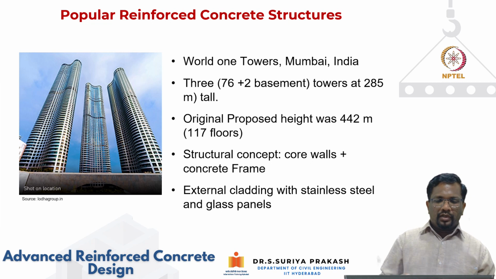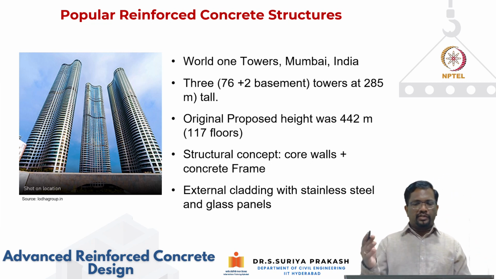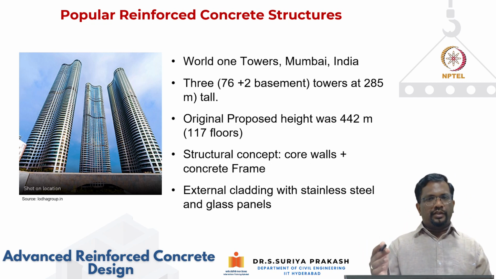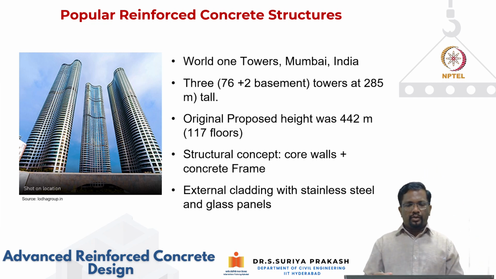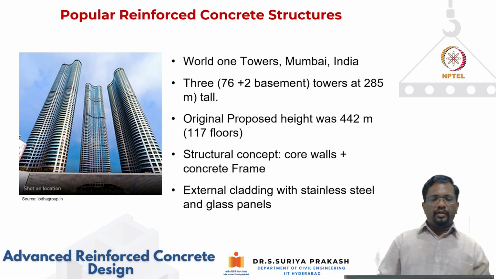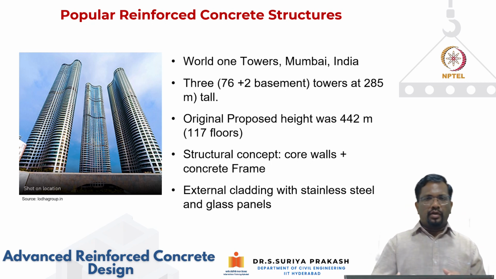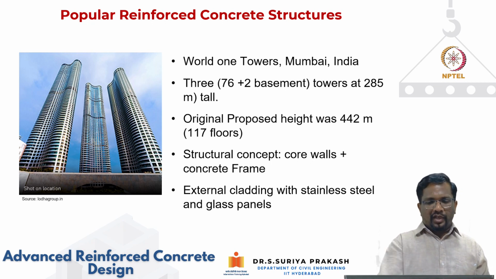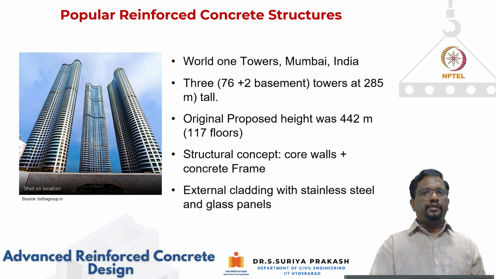Actually, the original proposed height of the construction was 442 meters, but due to various reasons, they stopped at 285 meters. The structural concept is again multiple concrete frames, which are also connected to the core wall. Again, the external cladding is with stainless steel and glass panels.